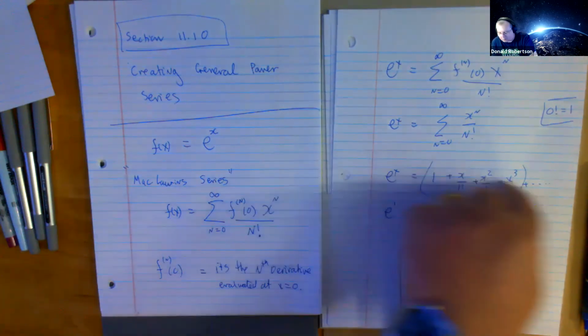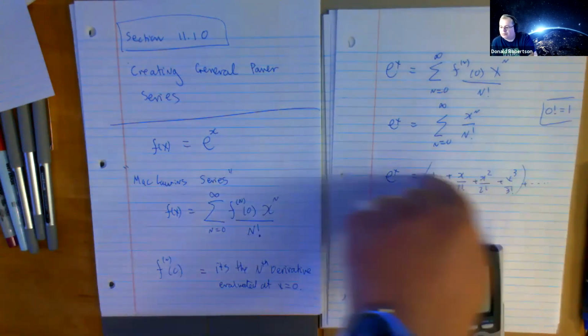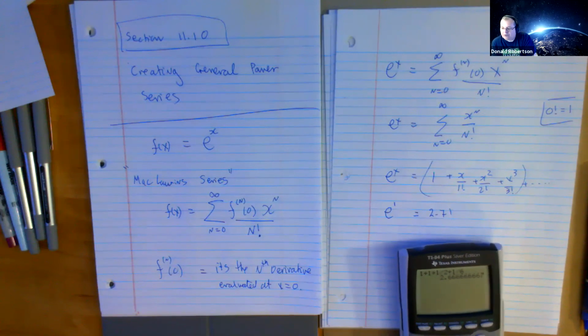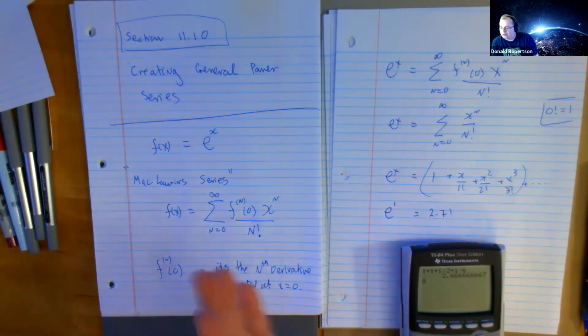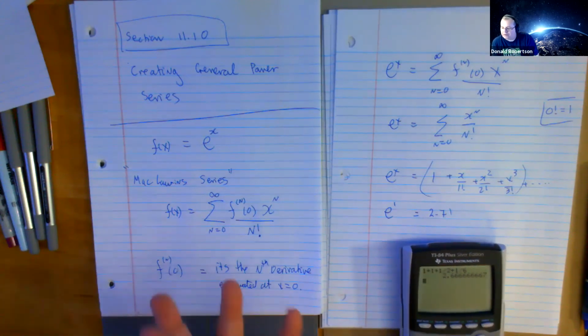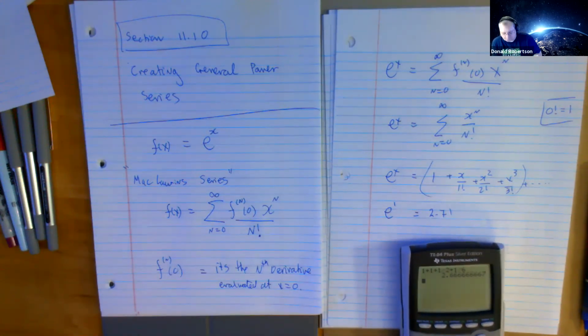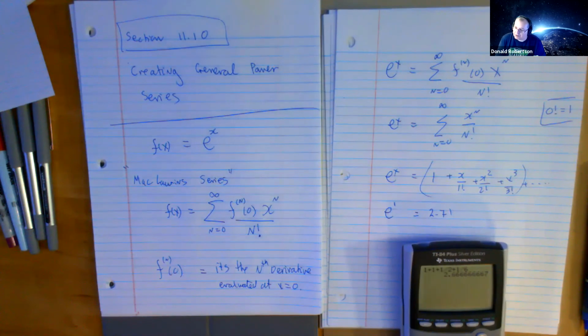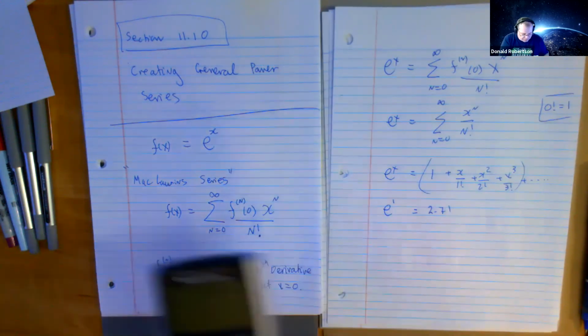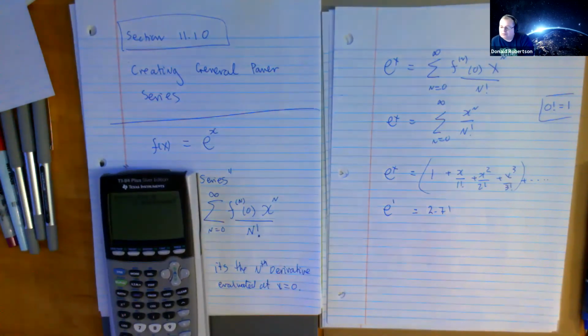Could you imagine writing a program just to add this up? Could you imagine, you know, for i equals 1 to a million or something? Wouldn't it be pretty easy to do? Previous term plus 1 more, previous answer plus 1 more term. Pretty cool. I think so.